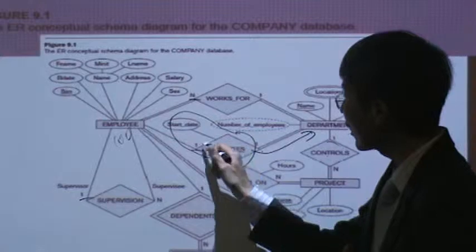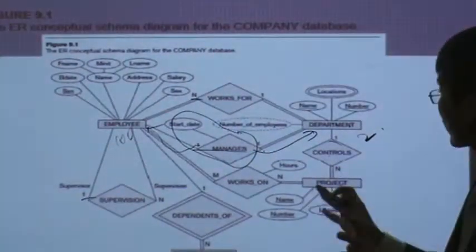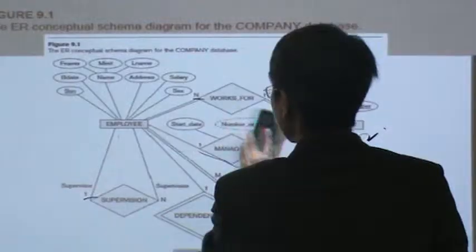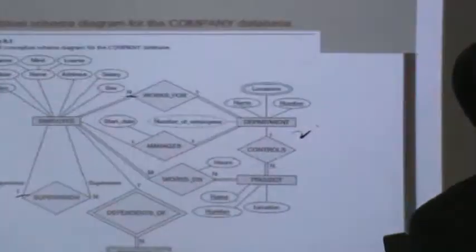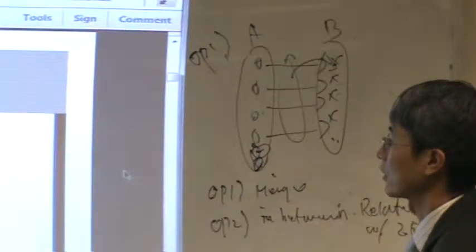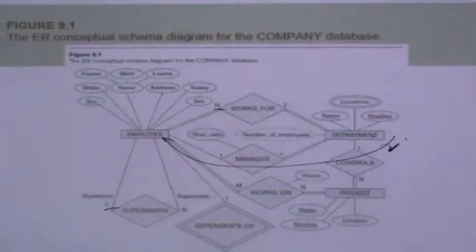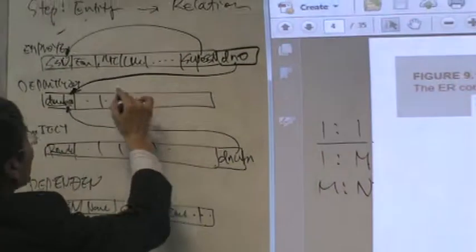Last option is, because it's a one-to-one mapping, we move all information to one side. It can be this side or it can be this side, right? Because it's a one-to-one mapping. So in this case, because this part is like this, we can move all relationship to this side. Then we can create just a foreign key, like this one, employee and department.